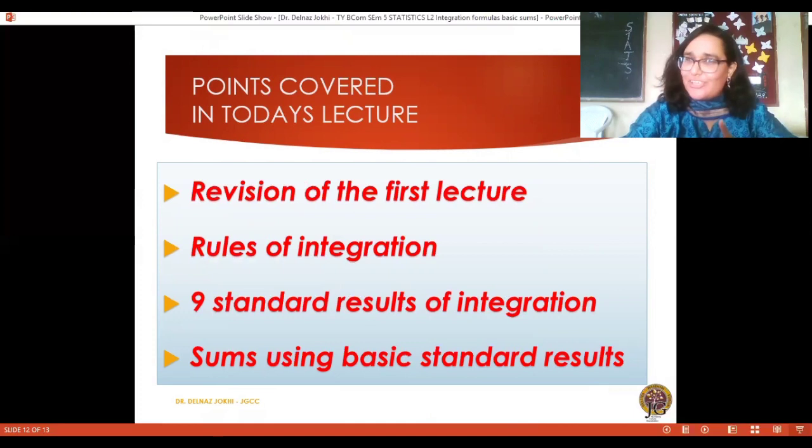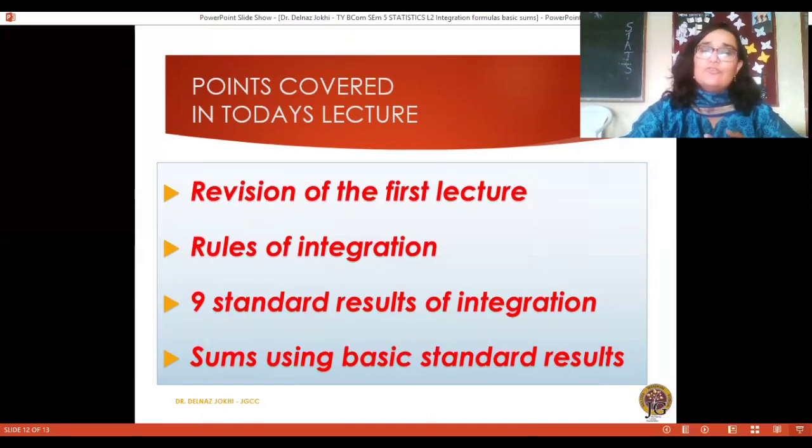Remember, how do you select the formula? What did Delnaz ma'am say? Where is x? According to that you select the standard results to solve your sum. And yes, I took up a few sums with you so that you come to know how to use the rules and the basic standard results.